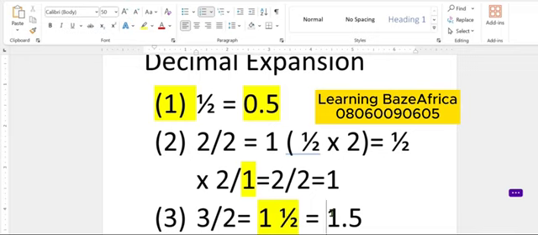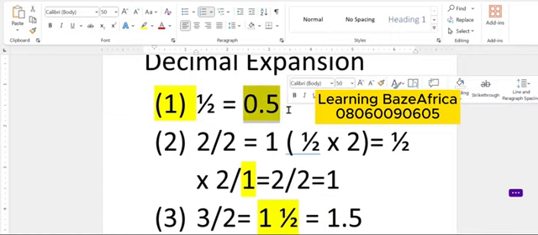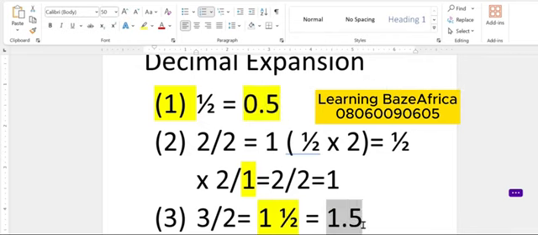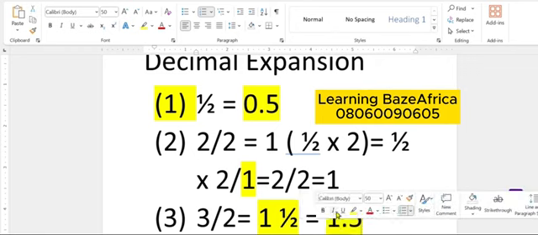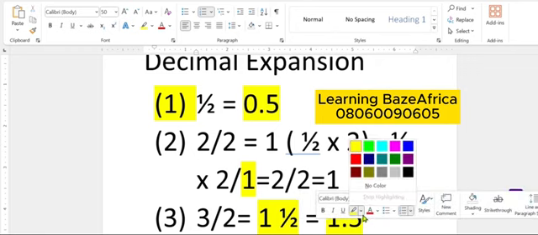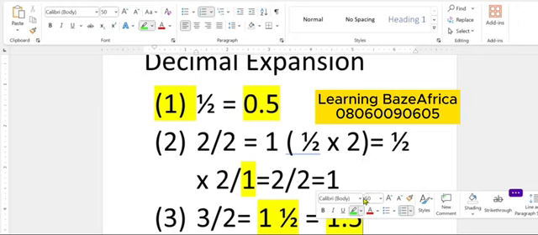So 1 and a half will now be 1 and your decimal number 0.5. That's the decimal that we have here. 1 and 0.5 will give us 1.5.